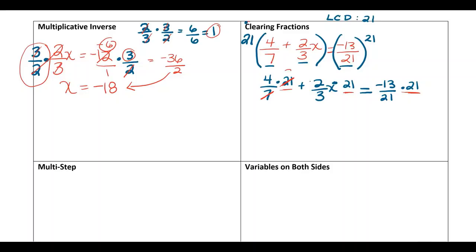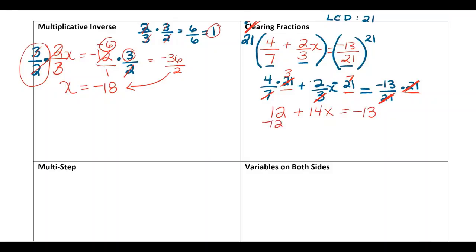Now, what's special about 21 is everything's going to clean up nicely. 7 goes into 21 3 times. 4 times 3 is 12. 3 goes into 21 7 times. 2x times 7 is 14x. And in this last piece, after the equal sign, the 21's cancel out. We're left with negative 13.